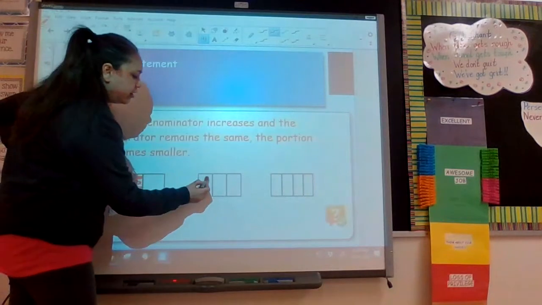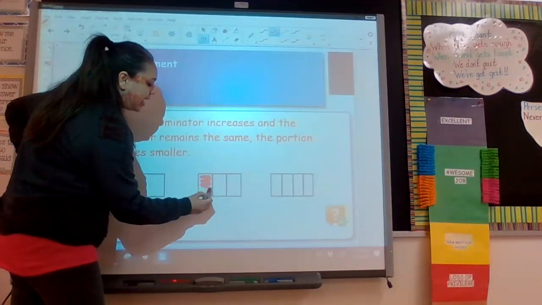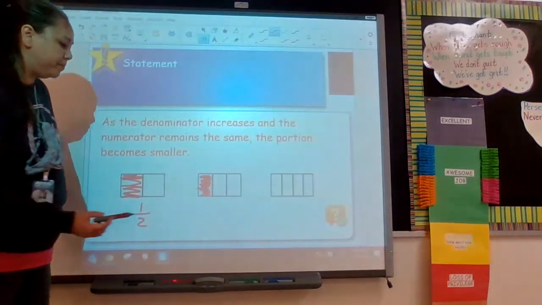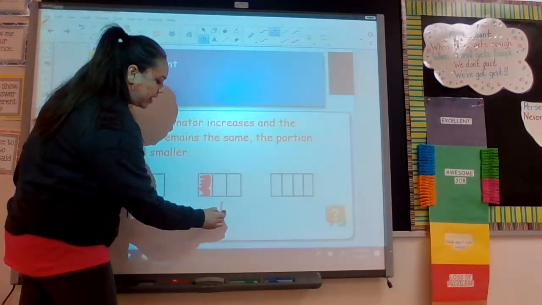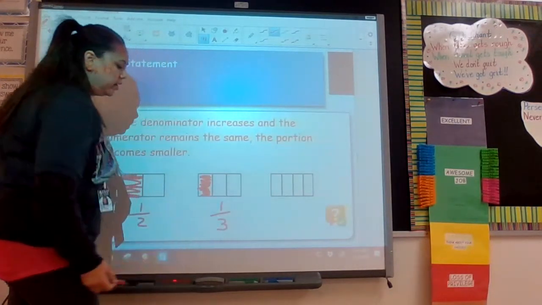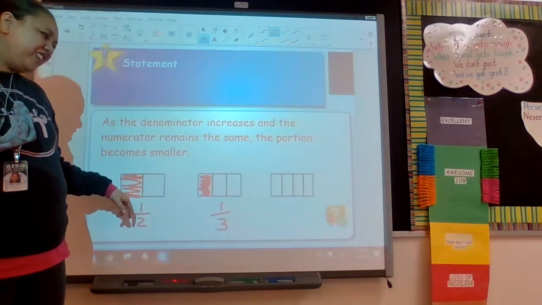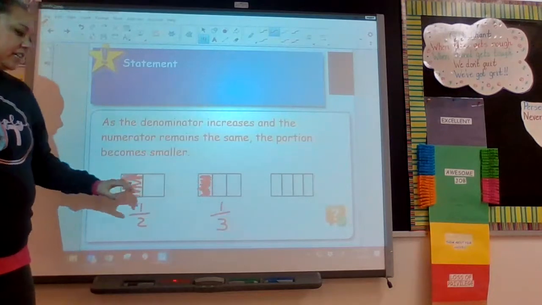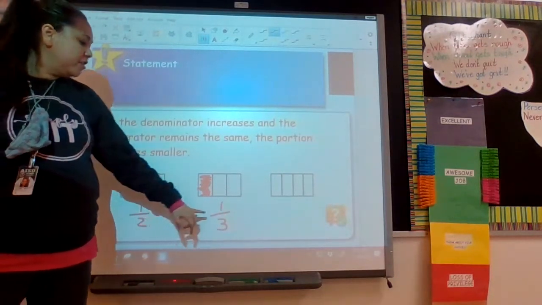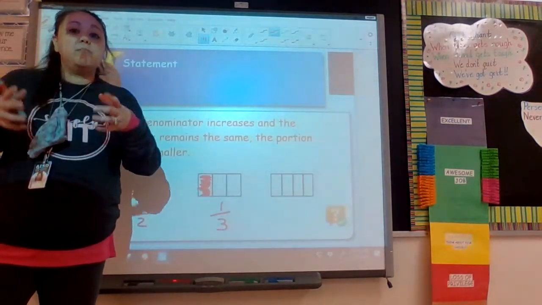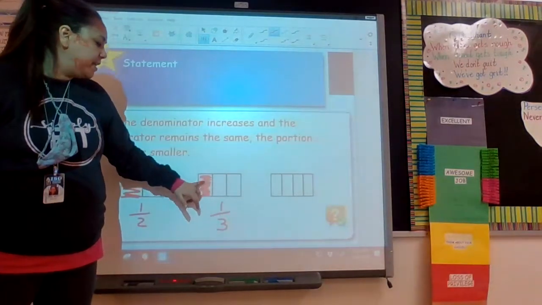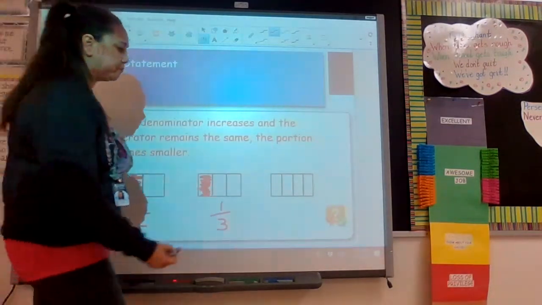Now watch here. Watch what happens as I take that and I now change the denominator and put it into 3 pieces, but I still only take 1. Would I rather have a half of a cake or just a third of a cake? Notice it's getting, as the denominator increases, it's putting it into smaller parts. And if I'm talking about the same piece, the piece is going to get smaller.